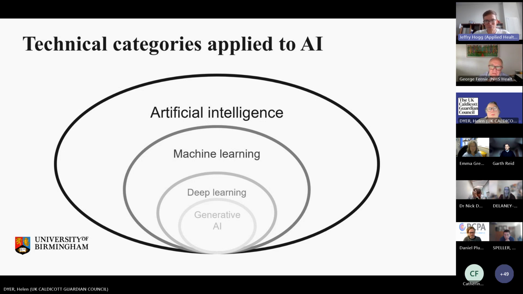Within that, there's another category called deep learning, which is responsible for the wave of enthusiasm and prominence we've had around AI since around 2012. And that really refers to the degree of complexity of the computational systems that are delivering these rules learned from data.